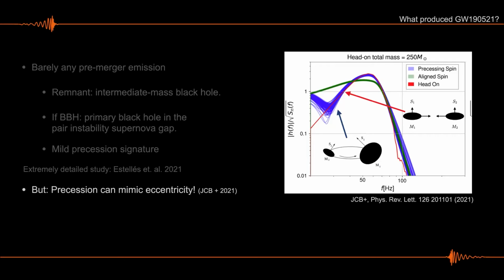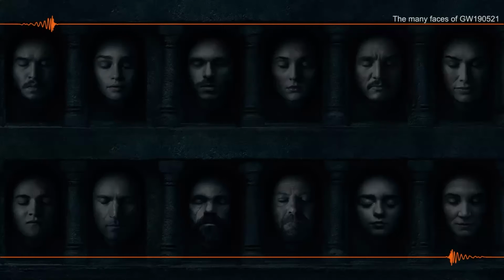This is the best you can do to fit this with aligned spin, so with non-precessing black holes. So you cannot really fit the data, but with precession, you actually can. And this is because the precession of the orbital plane is modulating the amplitude up and down, and it happens in this case to kill the emission just before the merger. So you can just confuse these two things.